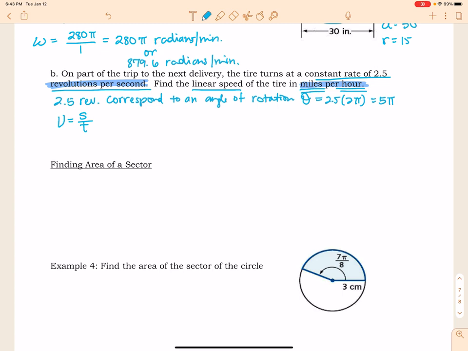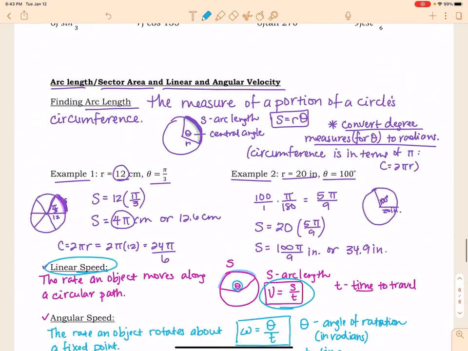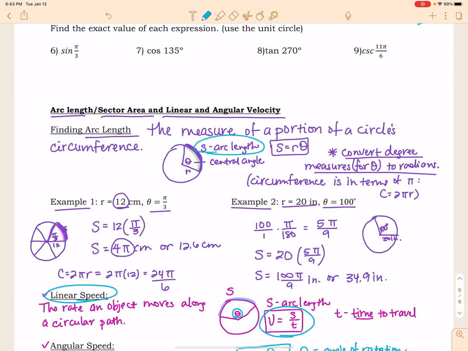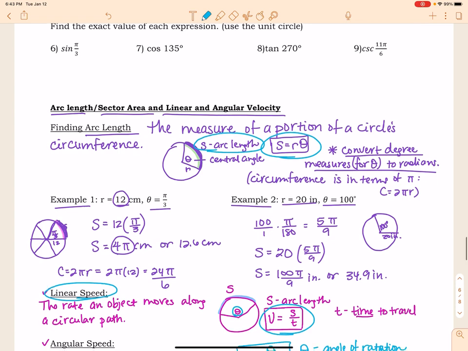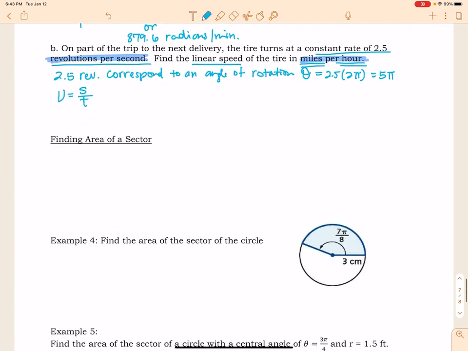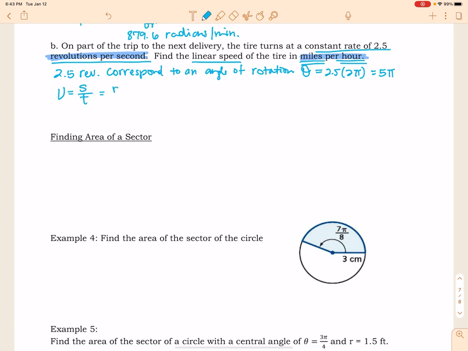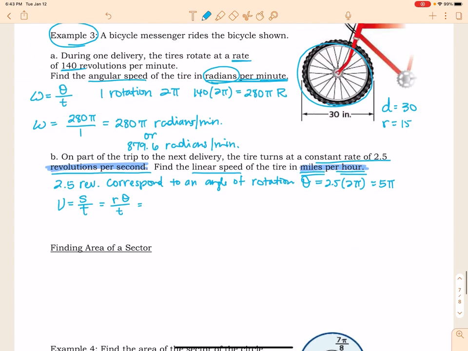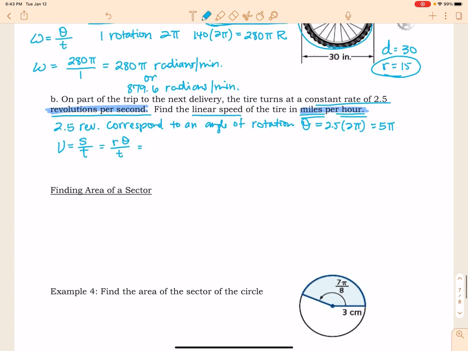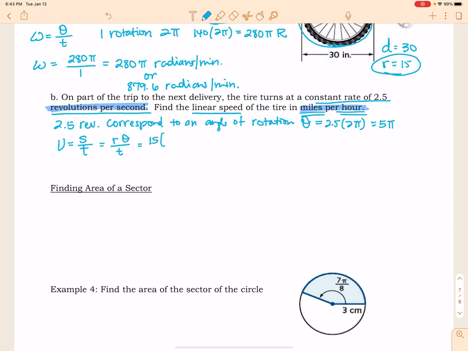And please keep in mind that S, since it represents the arc length, I've got to use the formula R times theta in for S. So that's going to be R times theta over T. Well, I already know that the radius is 15, and theta is going to be 5 pi.